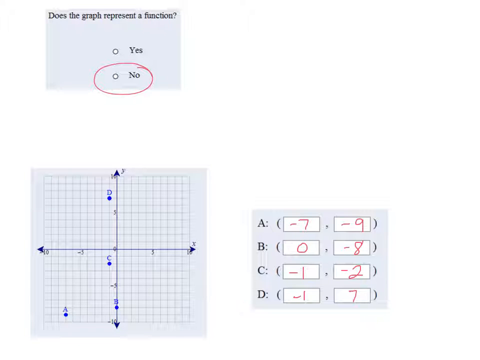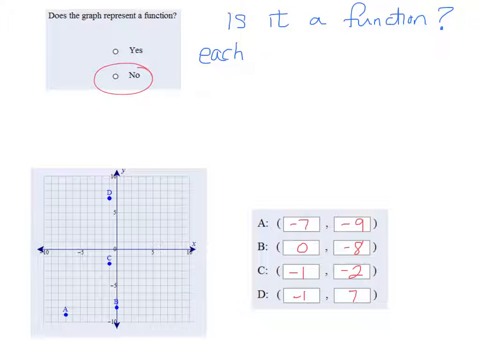Let's take some notes on this. So what you want to say is something like this. Is it a function? There are a lot of fancy textbooky definitions of what a function is. I just want it to make sense in your head. Is it a function?